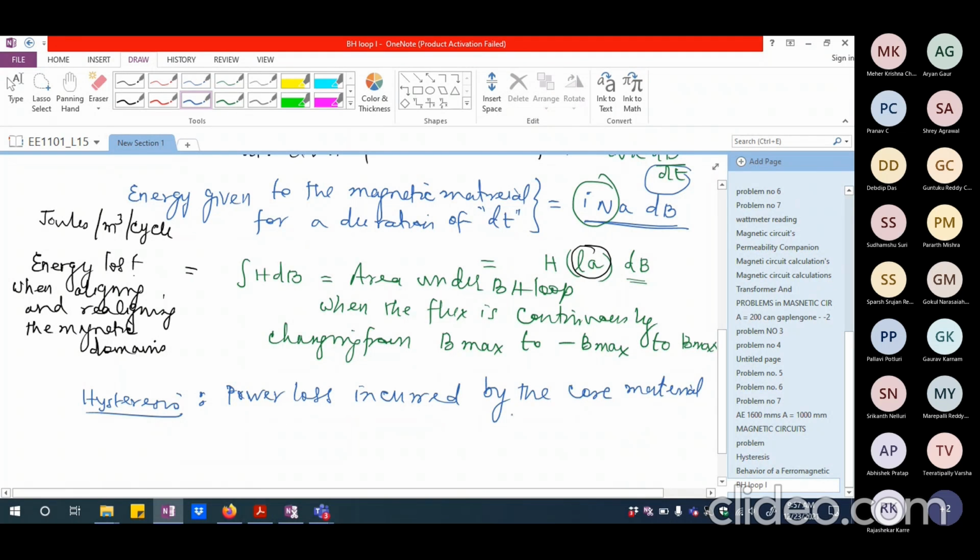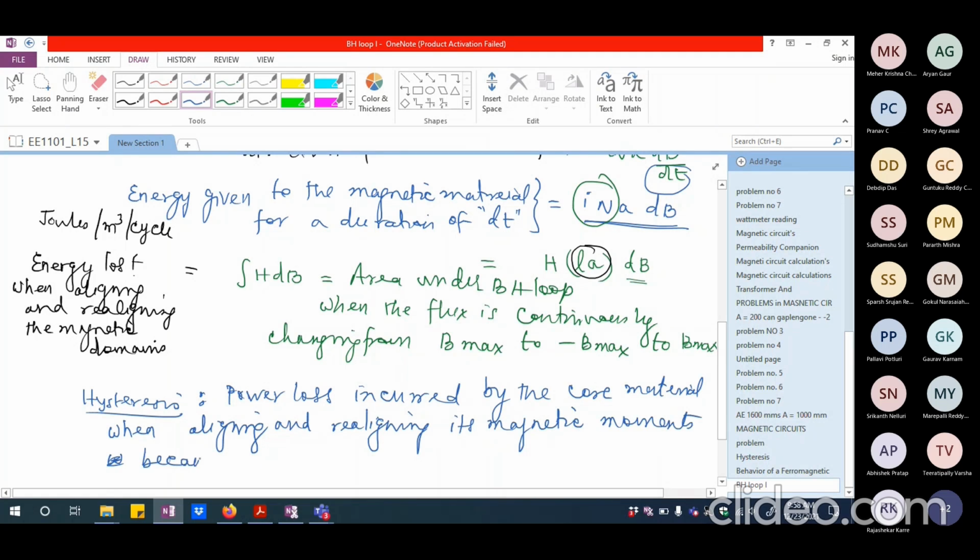So it is the power loss incurred by the core material when aligning and realigning its magnetic moments because of being subjected to AC excitation, alternating current excitation.